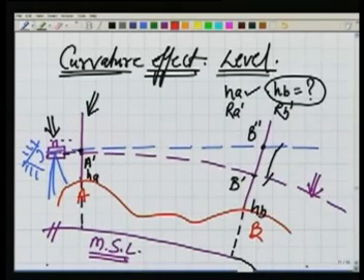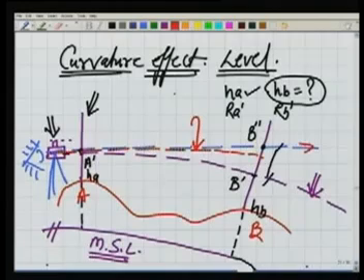So, if I draw, due to the effect of atmospheric layers, for an average condition, we do not see exactly along the horizontal line, rather we see along a little curvature, and this curvature has been found to be 1/7 of the curvature of the earth.